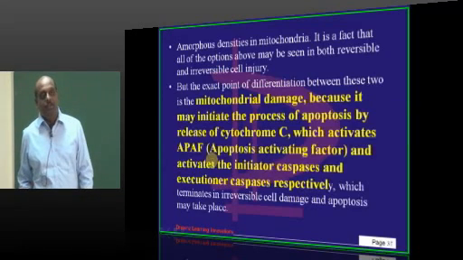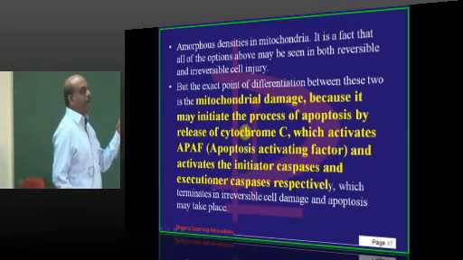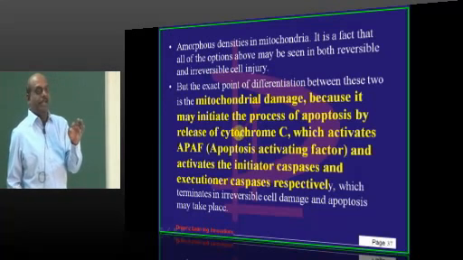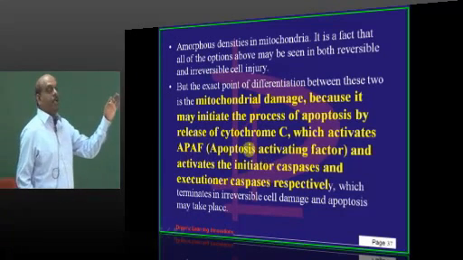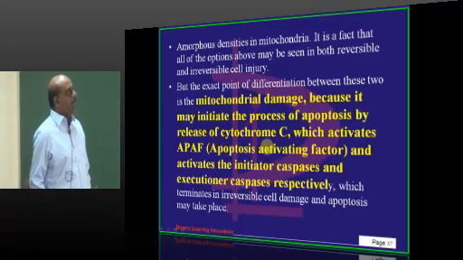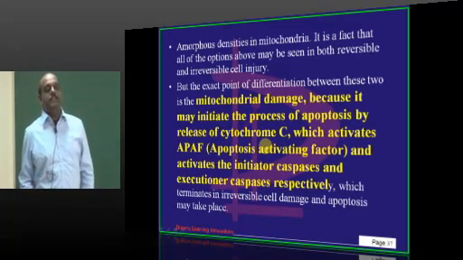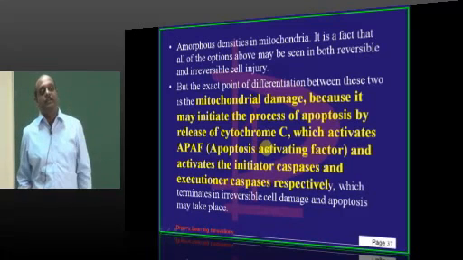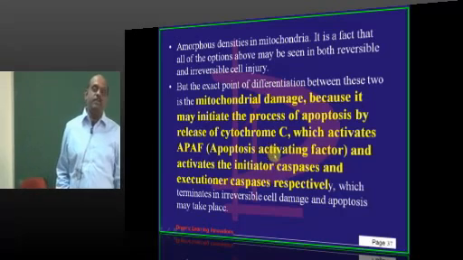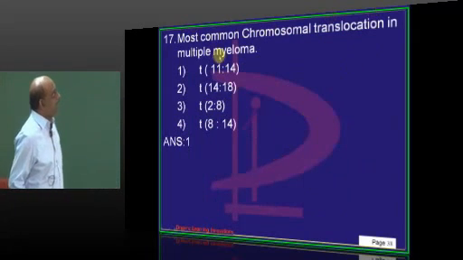Why? If the mitochondria undergone damage, then it will initiate the process of the apoptosis by the release of the cytochrome C. So that is the reason it is considered to be the hallmark. Mitochondrial damage is the hallmark of irreversible injury, is what you have to ultimately remember.